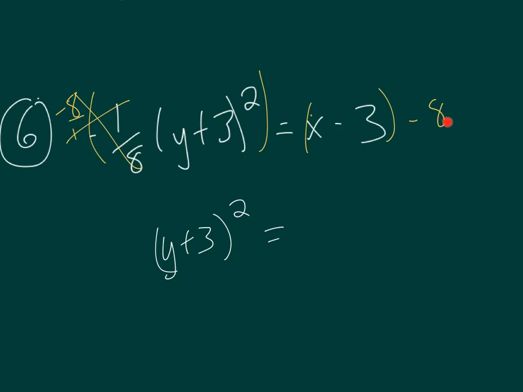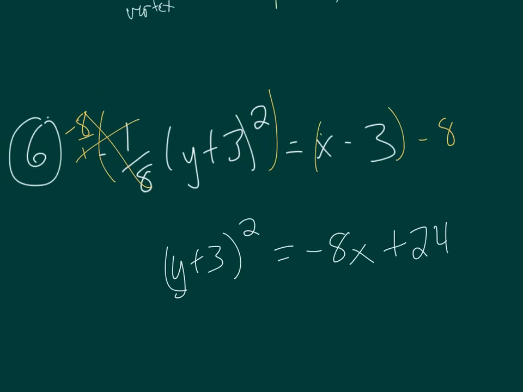On the right hand side, make sure you use the distributive property. Negative 8 times x is negative 8x, and negative 8 times negative 3 is plus 24.